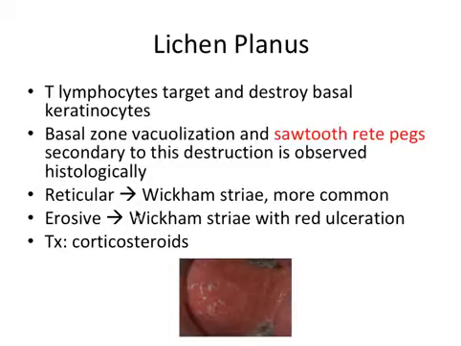Reticular form is the more common form of lichen planus, and erosive is probably the second most common. Now you'll notice it also involves the same Wickham striae, but it also has the addition of red ulcerations surrounding the white lacy lesions. Treatment, again, we're talking about the immune system, so we're going to be using corticosteroids.